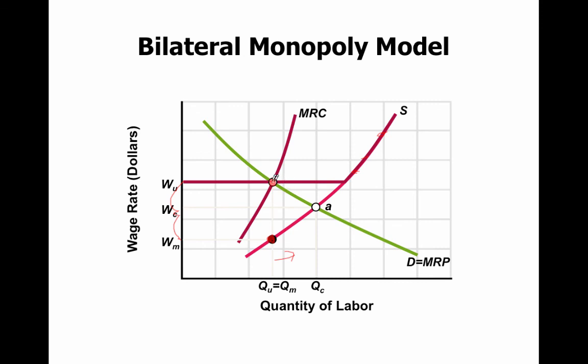So right here, this tells you this lower amount, but you can wind up with additional people working, right? So maybe you have a situation like this, where wages are more than what the business wants to pay, less than what the union wants to receive. But here's the thing, you can wind up with more people being employed. So that's kind of the argument for the desirability of a bilateral monopoly.